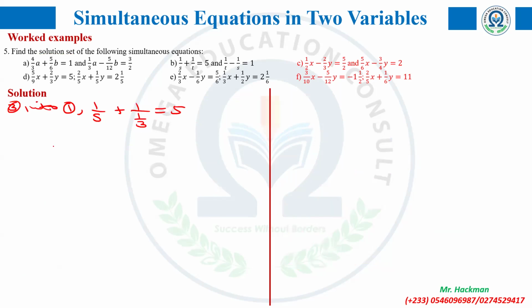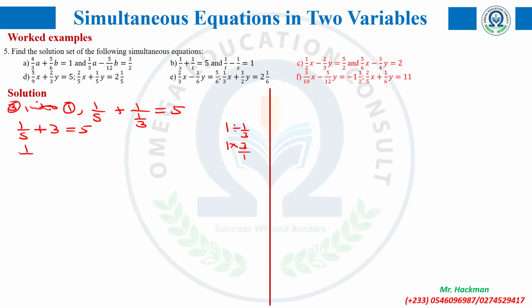At this point, you write 1 over S plus, this is the same as 1 divided by 1 over 3, which is 1 times 3 over 1. So what I have there will give me 3, and that is equal to 5. You can use your calculator to do this if you can't do that mentally. So now what do we do?